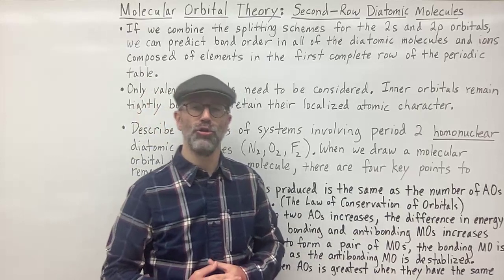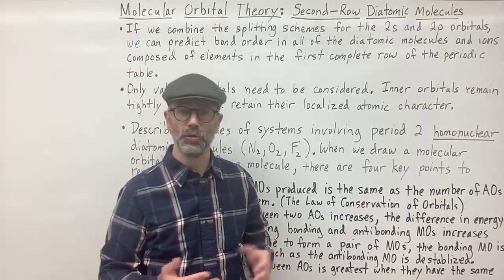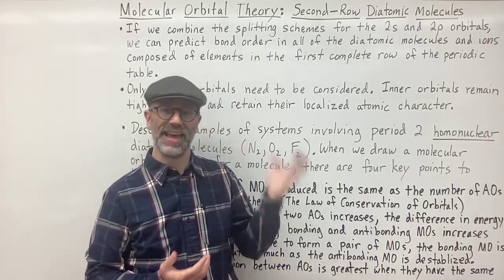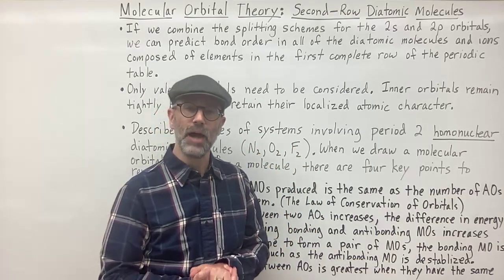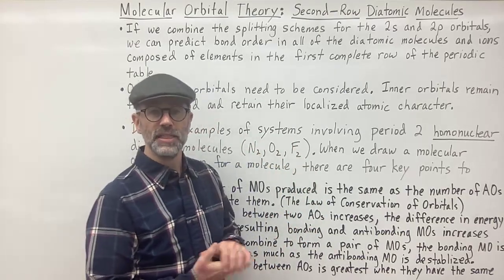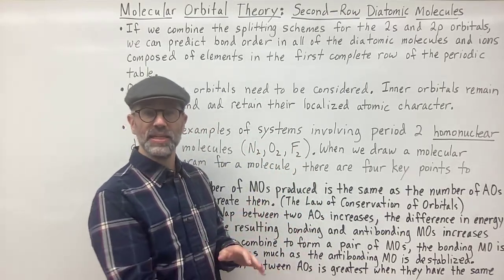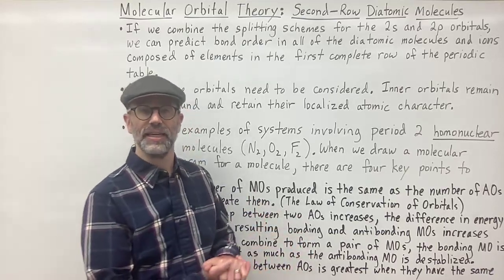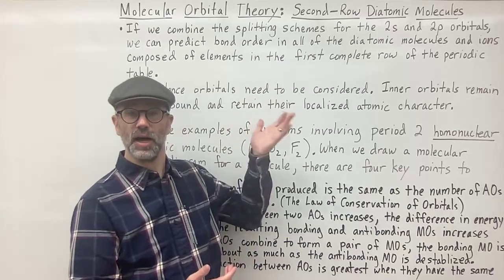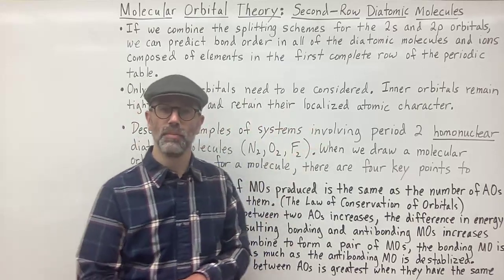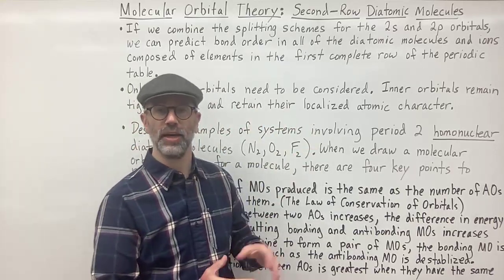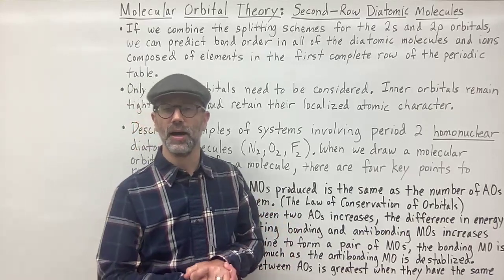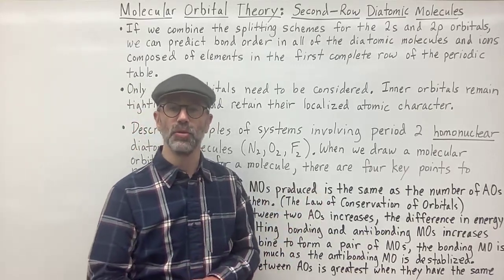And I also showed you the splitting with the p orbitals, right? The 2p orbitals or the np orbitals, and how you can get the sigma pz bonding orbital, and you can get the sigma pz star antibonding orbital, and then you get the pi bonding and antibonding orbitals as well.